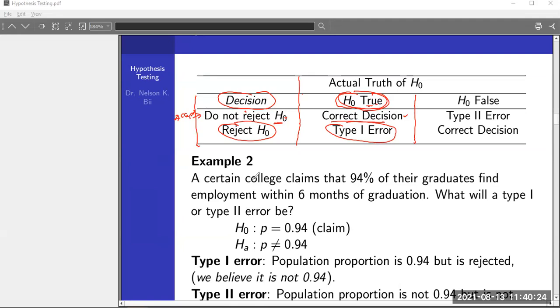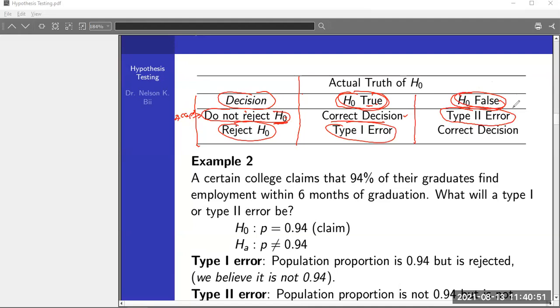Yes. Now, if the null hypothesis is false, but you do not reject the null hypothesis, then you're making an error, isn't it? You're supposed to reject the null hypothesis if it is false. But if you fail to reject the null hypothesis, yet it is false, then you are committing an error called type 2 error.